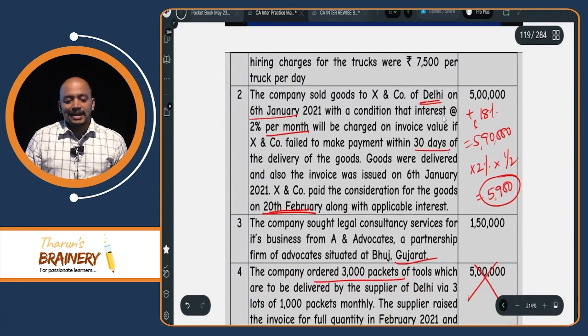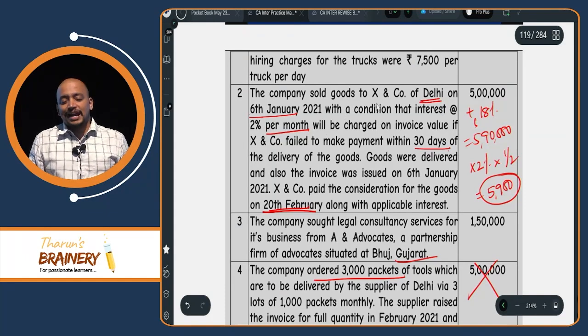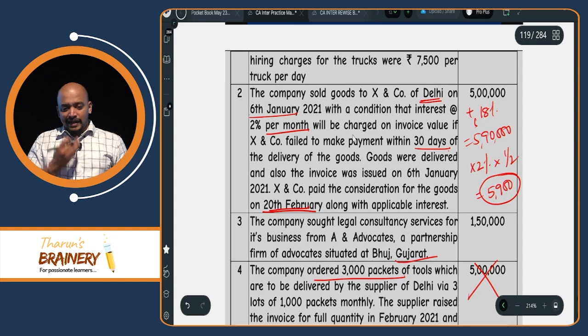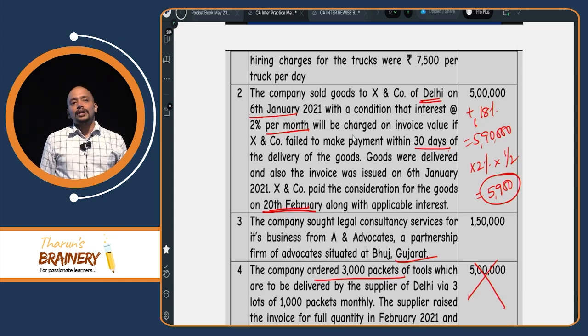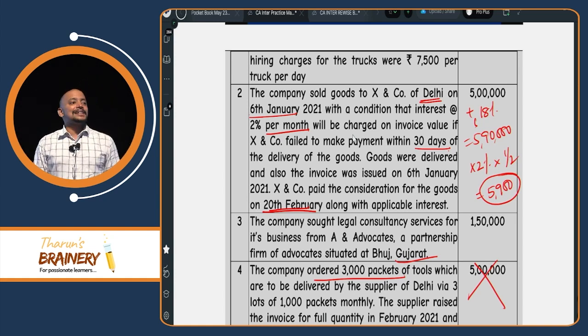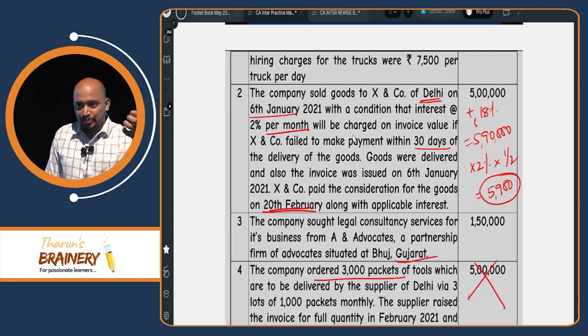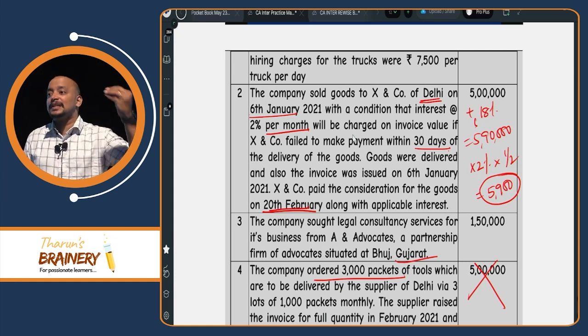Then next, this is also an outward supply. The company sold goods to XN company, Delhi. Here, in this case, the invoice is already raised in January. So as per section 15, subsection 2, clause D, interest, late fee or penalty for delay in receipt of consideration will be included in the value and chargeable to GST on receipt basis.